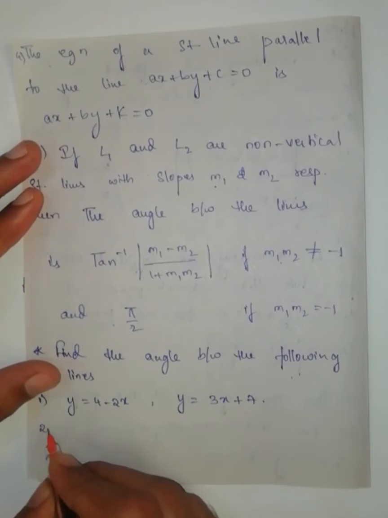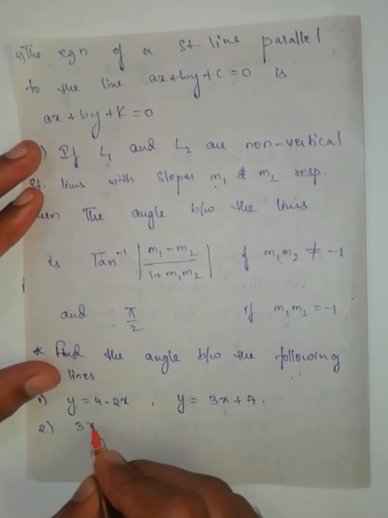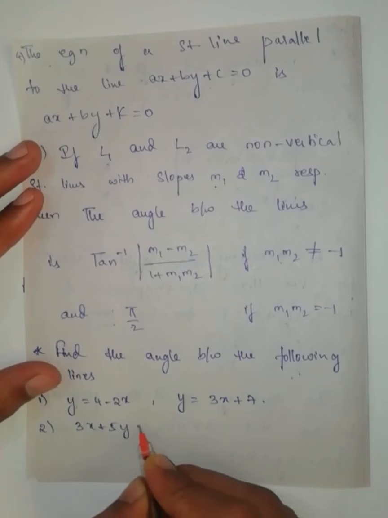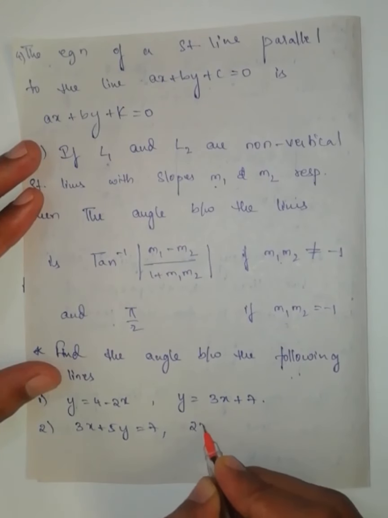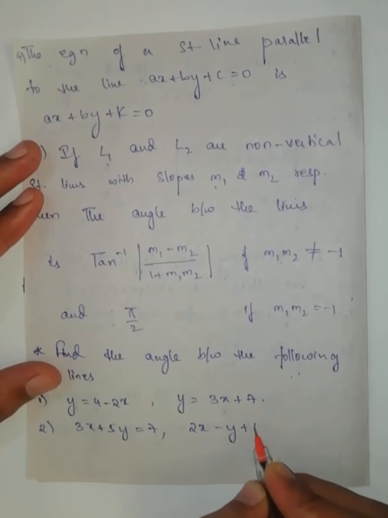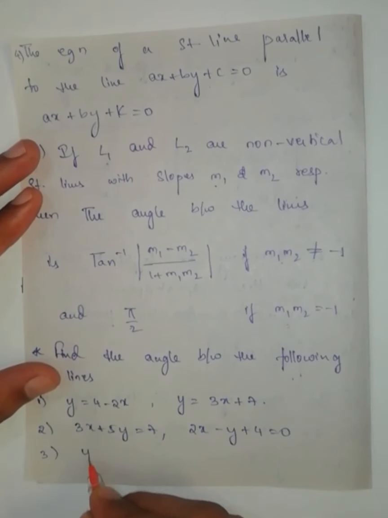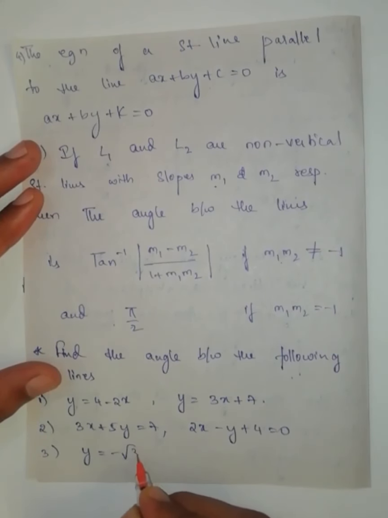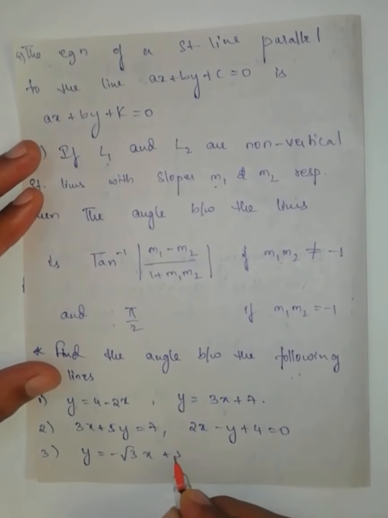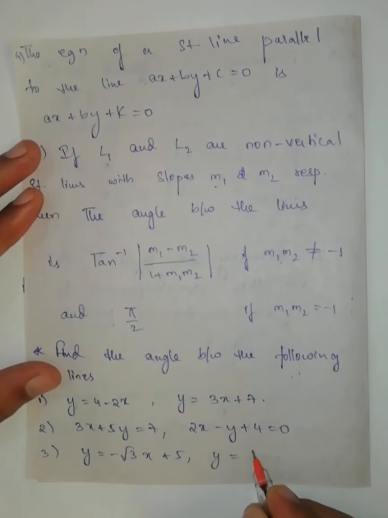Second one, 3x plus 5y is equal to 7, 2x minus y plus 4 is equal to 0. Third one, y is equal to minus root 3x plus 5, y is equal to 1 by root 3 x minus 2 by root 3.